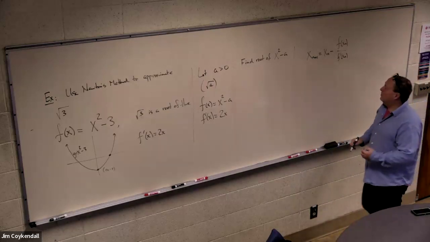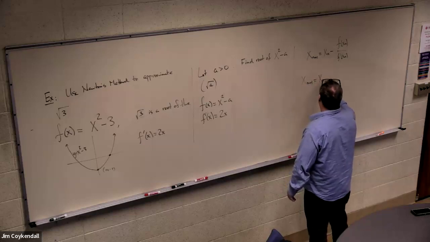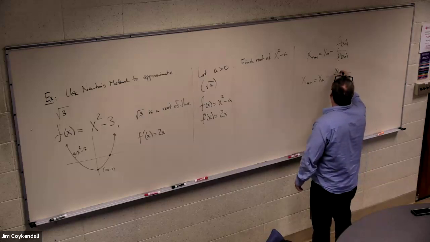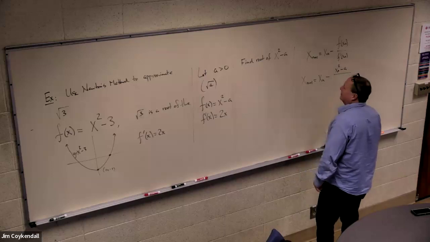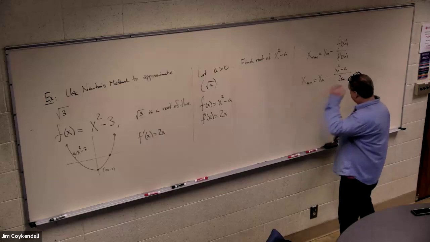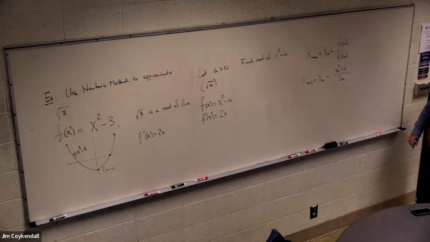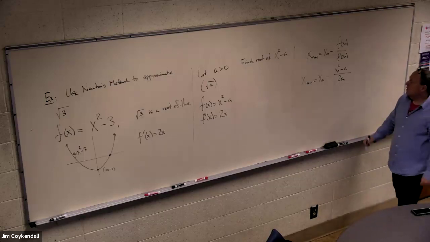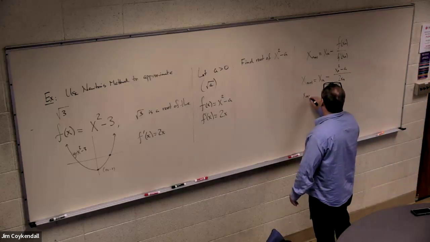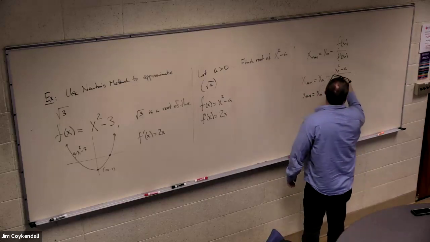So in this case, it turns out to be xn squared minus a over 2xn. So I can spread this out a little bit. Notice the one xn cancels here.